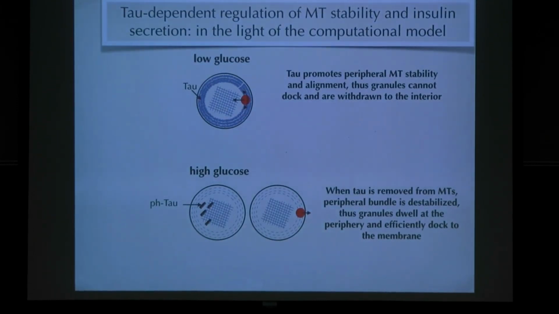So tau would promote microtubule stability and alignment close to the cell membrane, so it will promote withdrawal of granules from the cell periphery. And when tau is removed, microtubules depolymerize, and this is what would allow for granule binding to the membrane and secretion afterwards. And this highlights the importance of the tau-dependent regulation of insulin secretion.